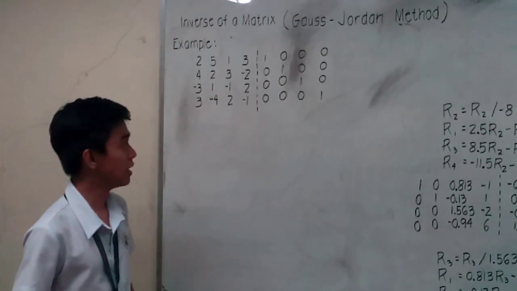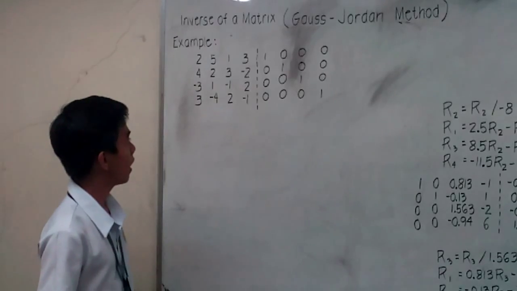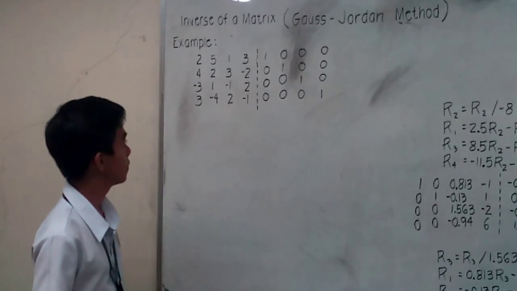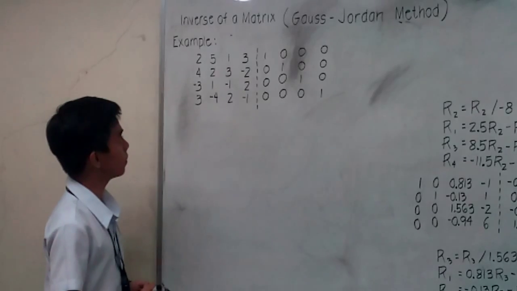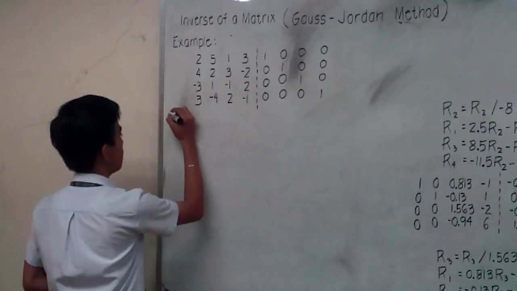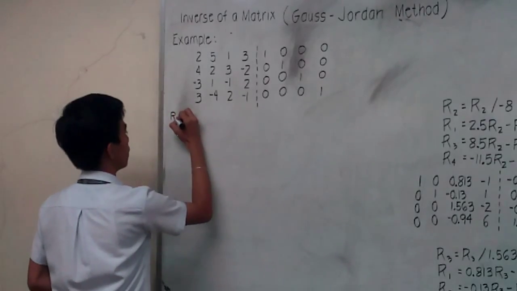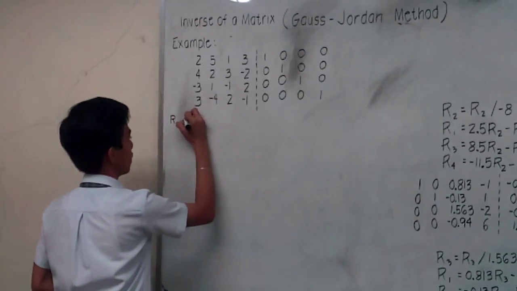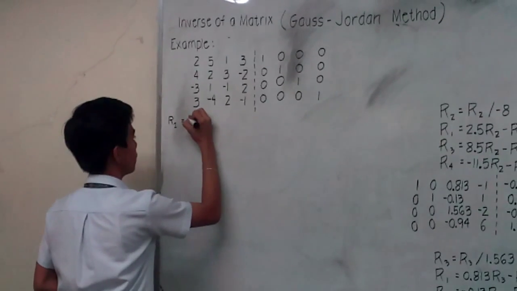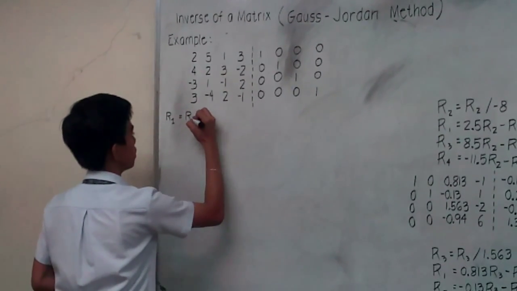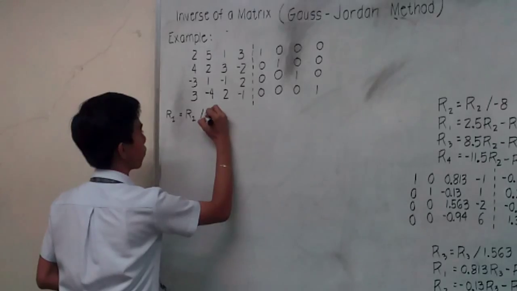And to make it more convenient, we will work by columns. So first thing that we have to do is to divide the first row, which is row 1, by the first element, which is equivalent to 2.